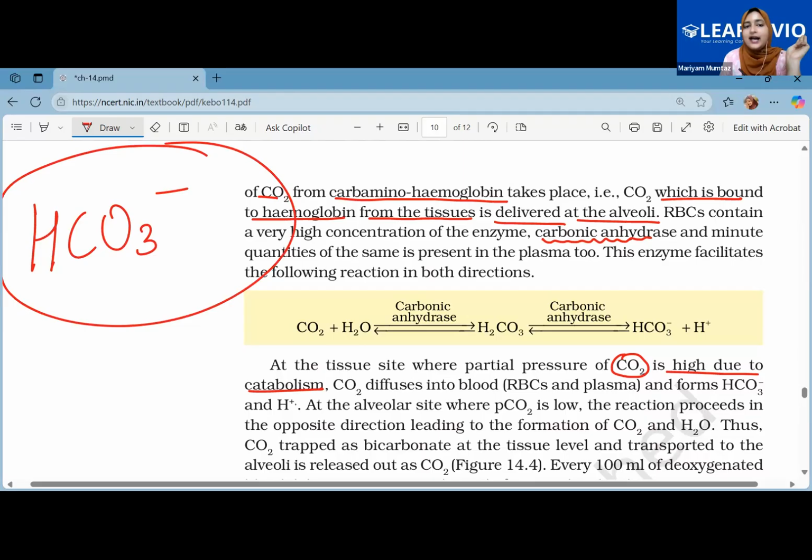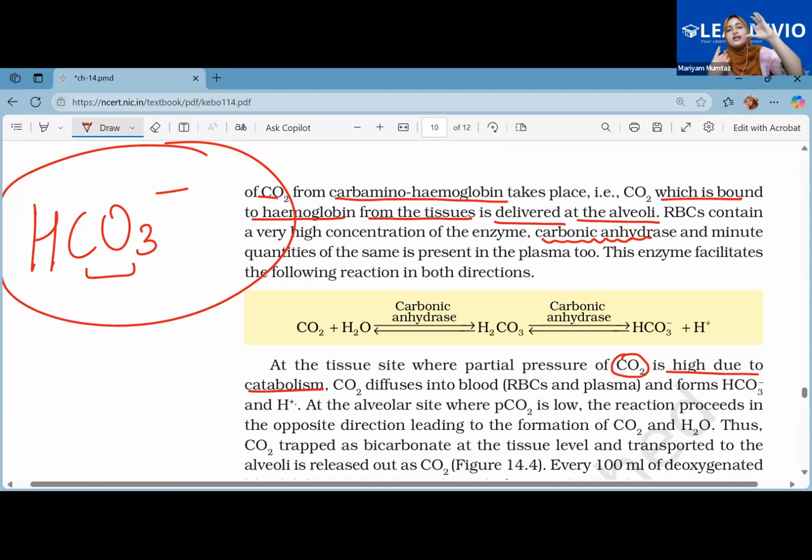This is the ion. So what am I saying? That the CO2 is getting transported in the form of bicarbonate ion, meaning in this CO2 is present. Right? If you remove one of the O, you will get HCO2. Yeah, CO2 is there. Now, to be transported in the form of bicarbonate ion, how does it happen?